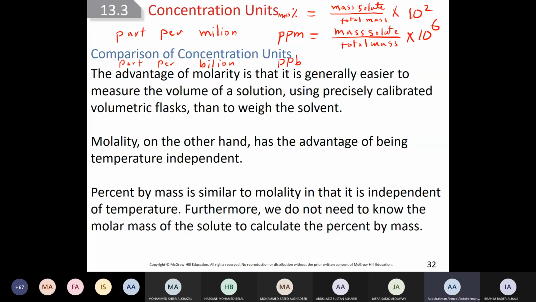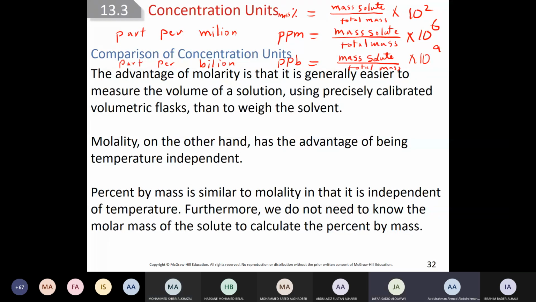Now I want you to define parts per billion. Mass of solute divided by total mass, times 10 to the power 9.